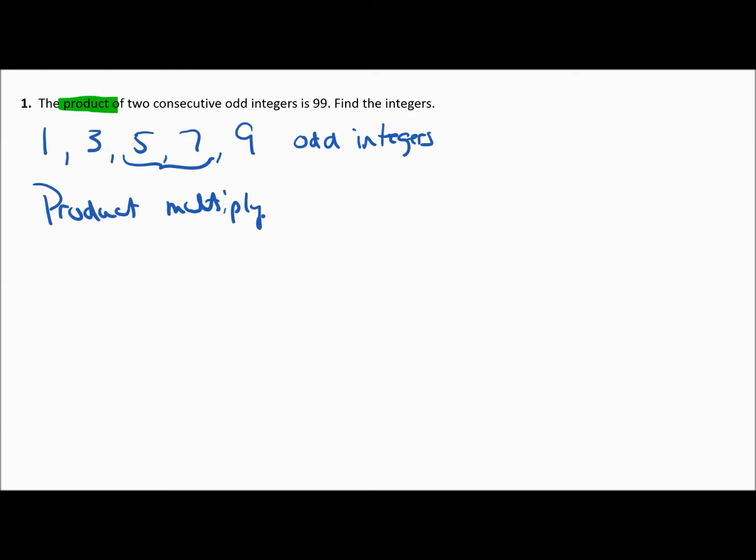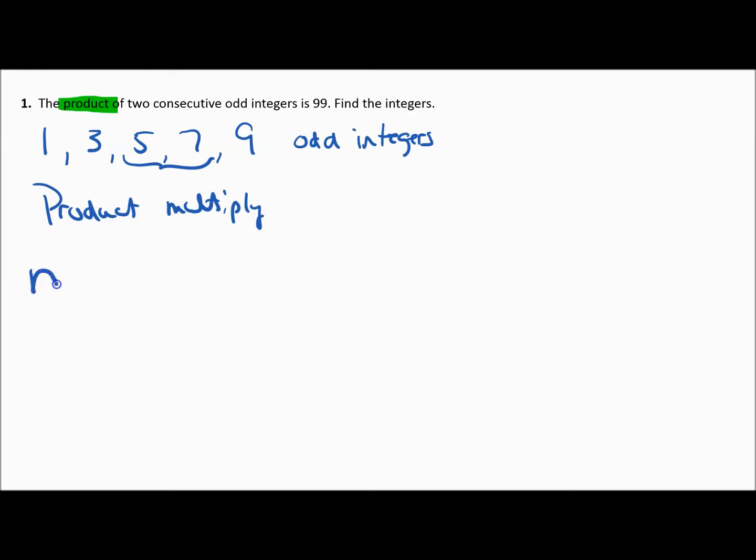Okay, so we've got to find a way to write this down, what we're trying to say, and we need our variable. So we're trying to multiply 2 consecutive odd integers together. If the first one, why don't we just call it n? You could call it n, you could call it x, you could call it any letter you want. N is often used to represent an integer, so that's why I chose n.